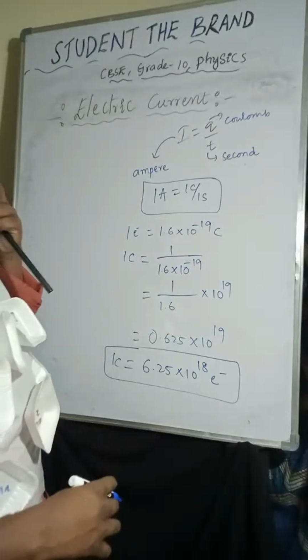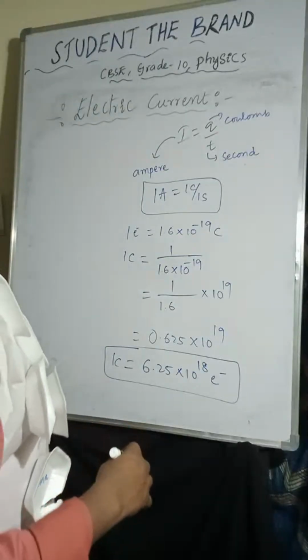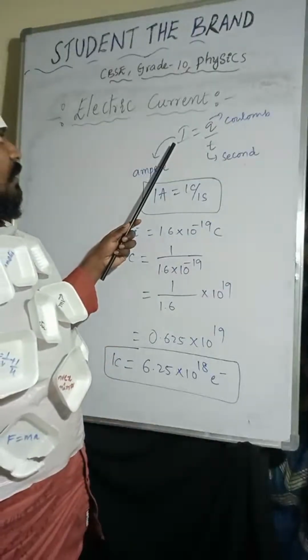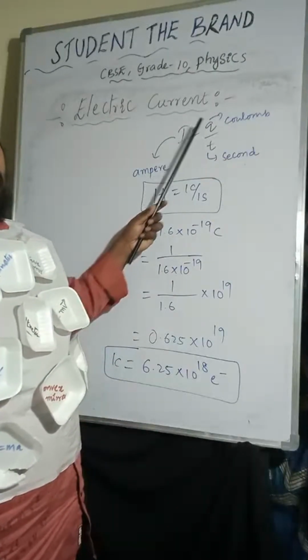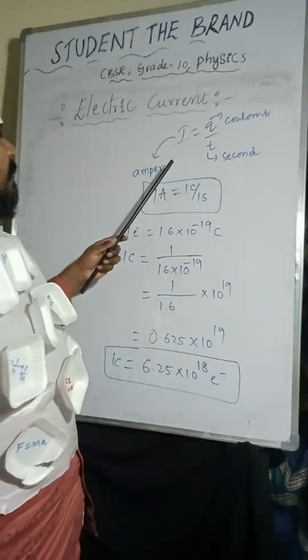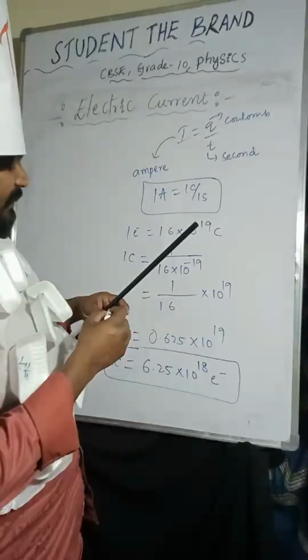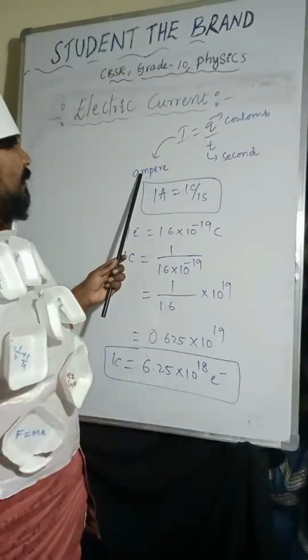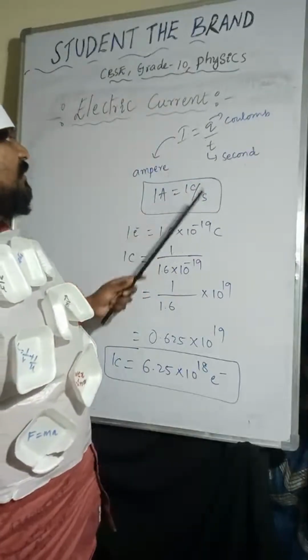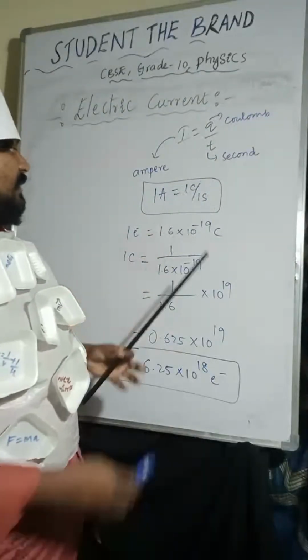Once again, the rate of flow of charge is called electric current. I equal to Q by T. The SI unit of current is ampere, which we write with a capital letter. The SI unit of charge is coulomb and the SI unit of time is second.